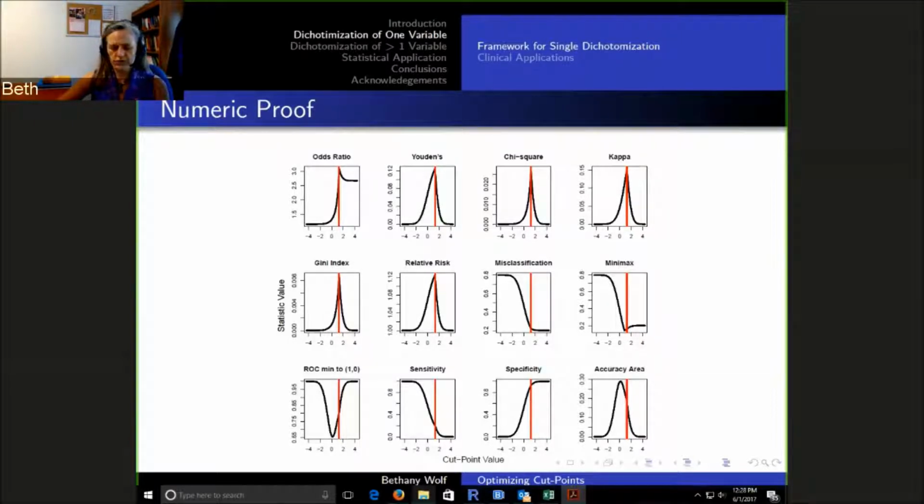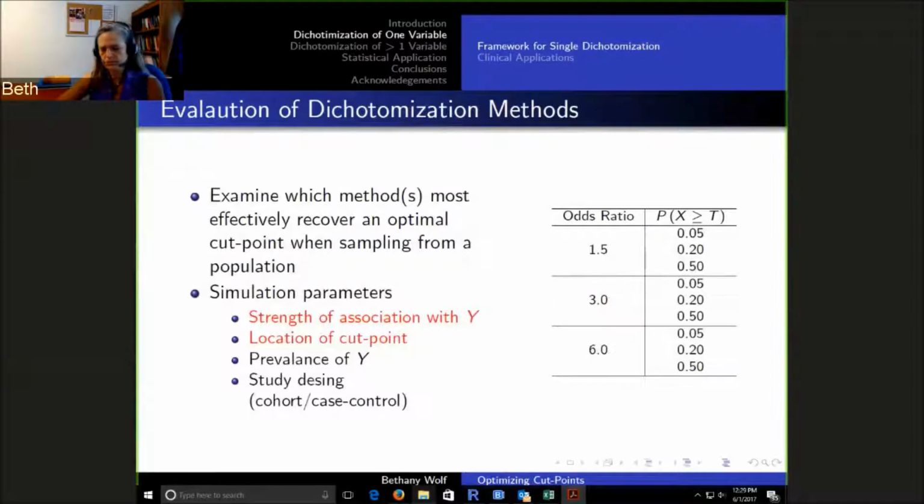Now, part of a statistician's job is understanding, again, the performance characteristics of these things. So I have 6 possible choices that should find a true cut point for me, but the problem is that doesn't mean they perform equally well. So in order to understand the performance characteristics of these 6 statistics, we ran a simulation study where we simulated data that had certain parameters and looked at whether or not we could recover that cut point t.